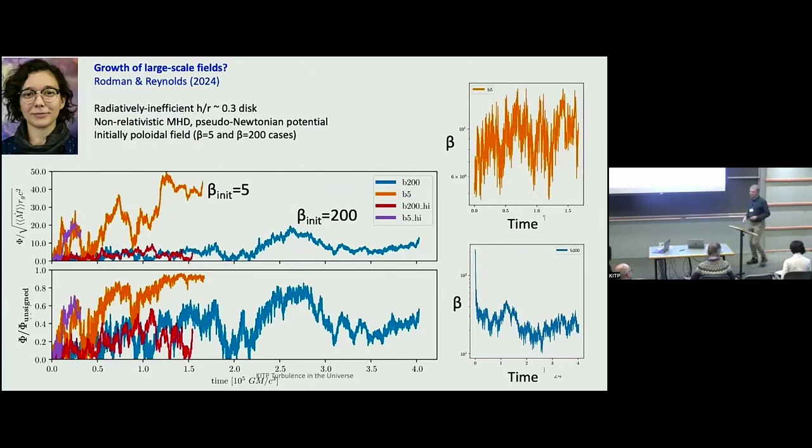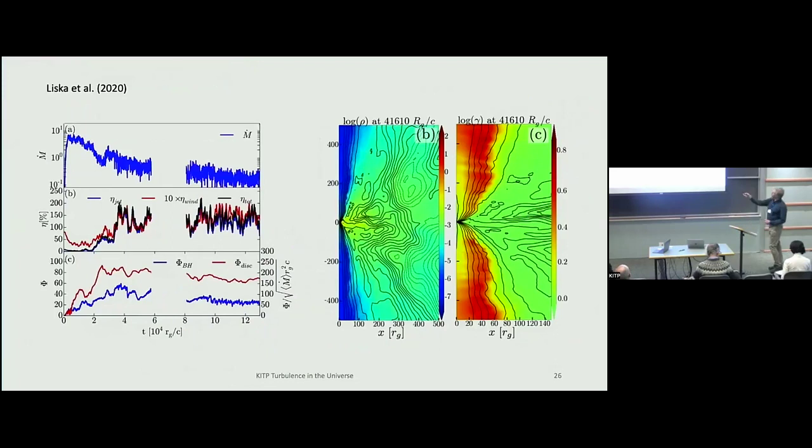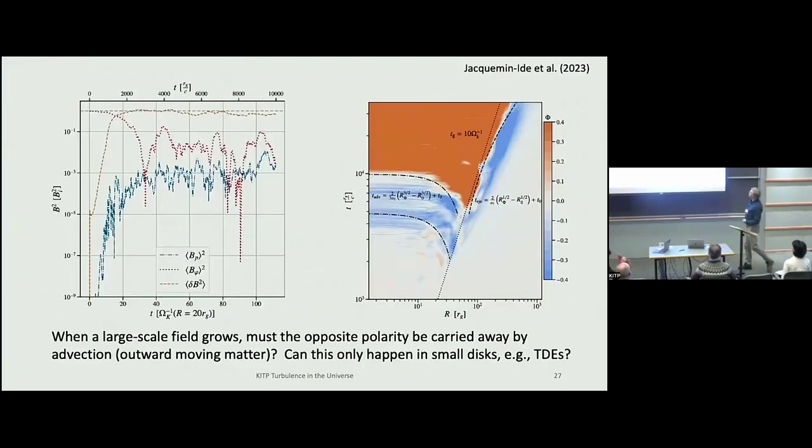Now, I'll put this up and then just stop. This was also looked at by Matthew Liska on the face of it, and more recently by Jonathan, using the same models. And I think there's actually, in many ways, a broad agreement between our beta 5 run and these runs.